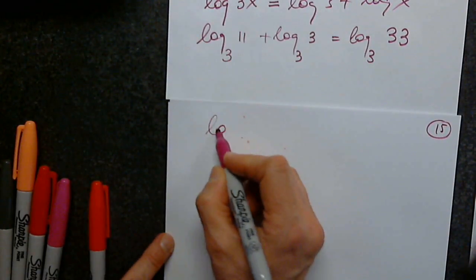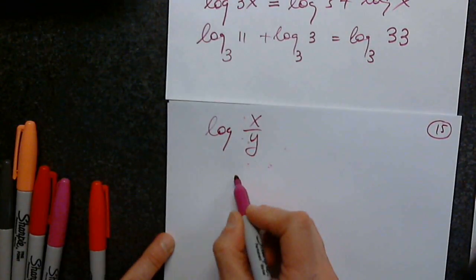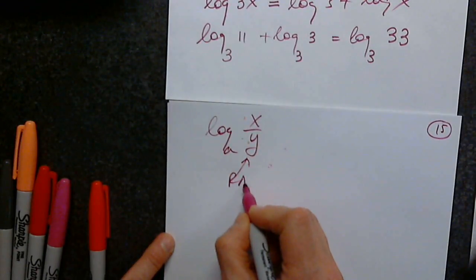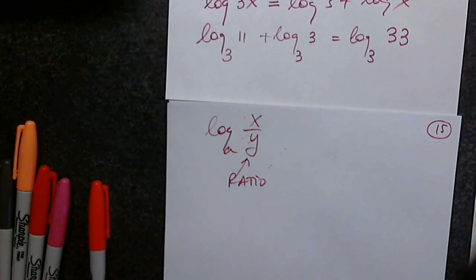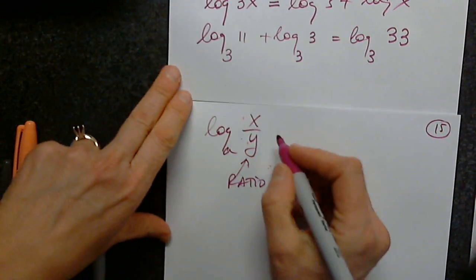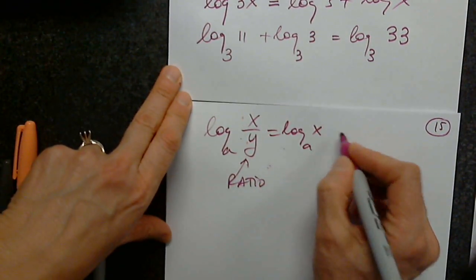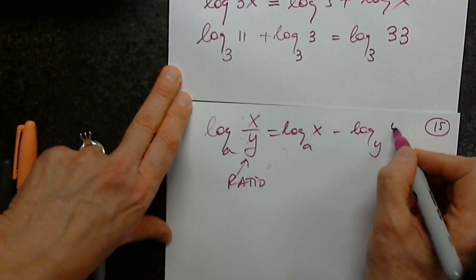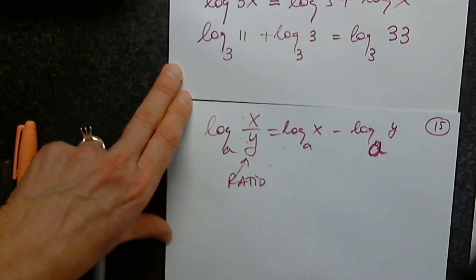Here is a log applied to a ratio. So this is a ratio. What do you think? Just a wild guess. What would the answer be? Log x minus log y. That's it. Oh, I didn't mean that. I meant this. Good.